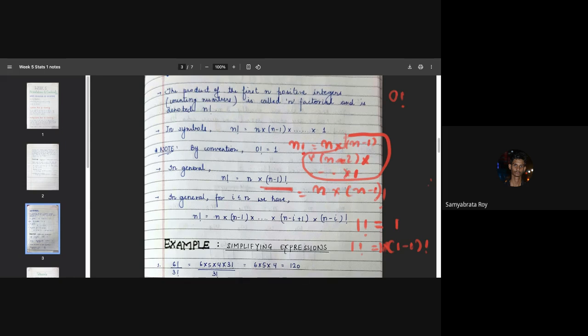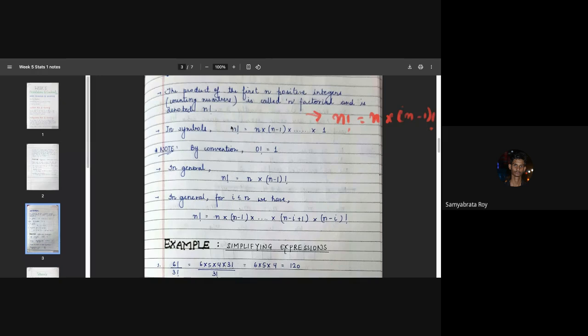Okay, let me write it with a clear canvas. n factorial is nothing but n into n minus 1 factorial. We just saw that, right? Any doubt regarding this one? No. Okay.